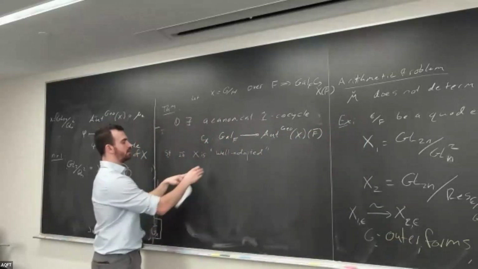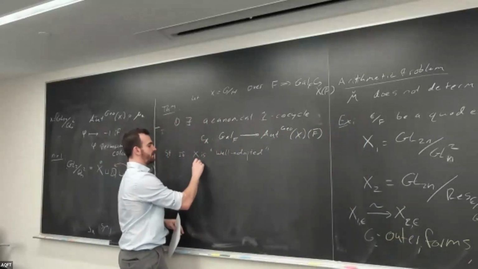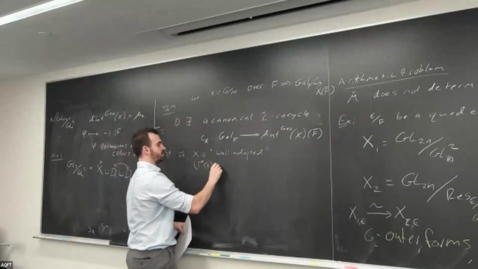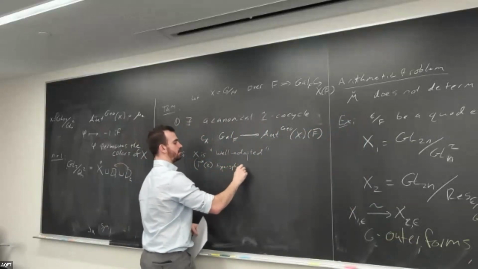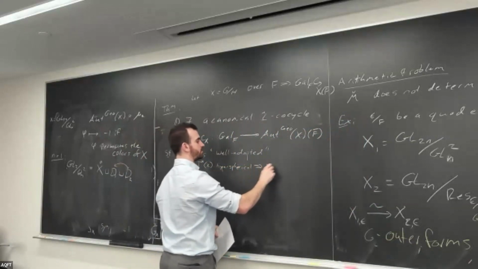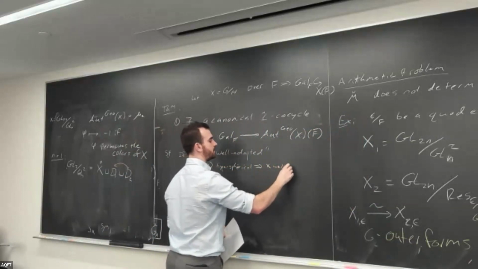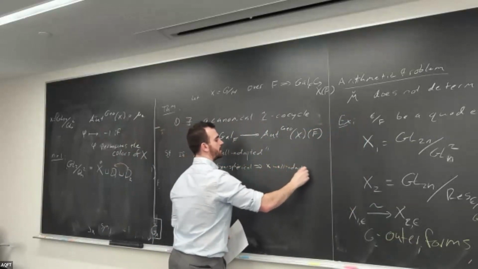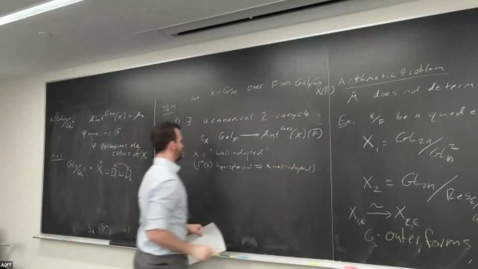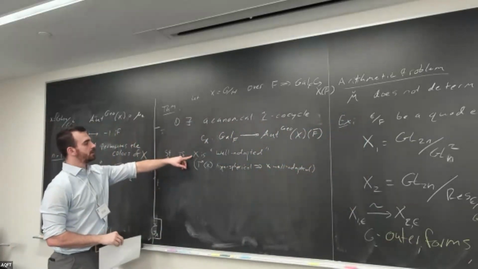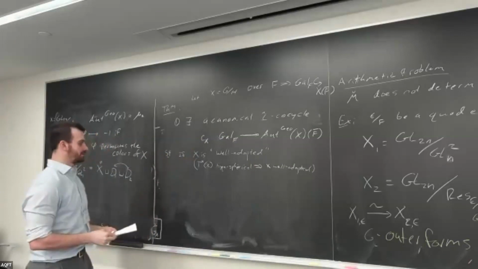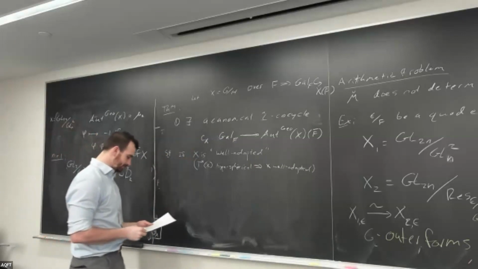So in particular, for those who know the word, if this is hyperspherical, then X is well adapted. It's some constraint that is hard to say too precisely. But most varieties that we're interested in are well adapted.